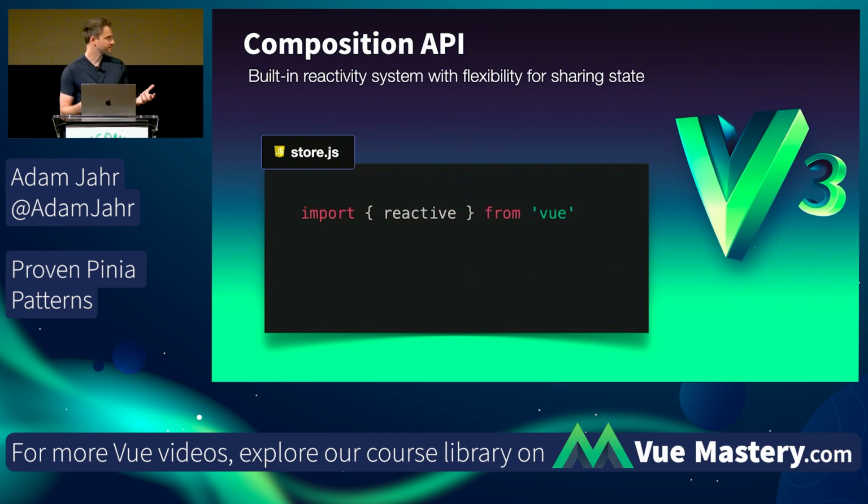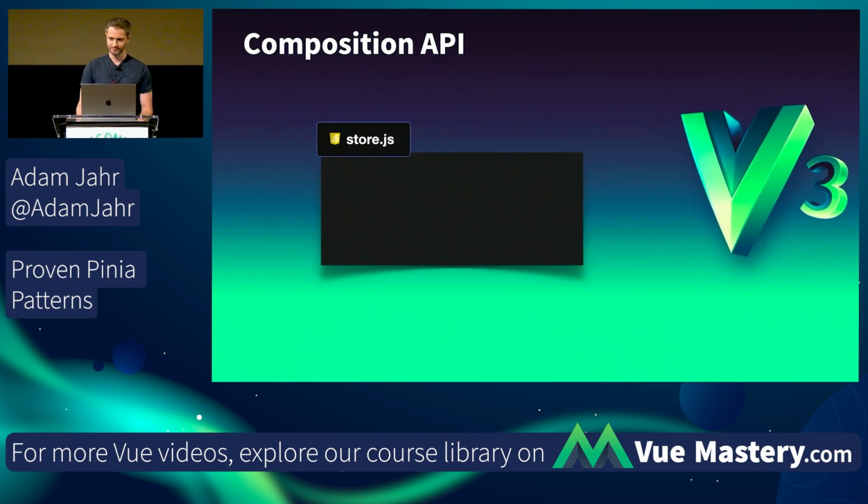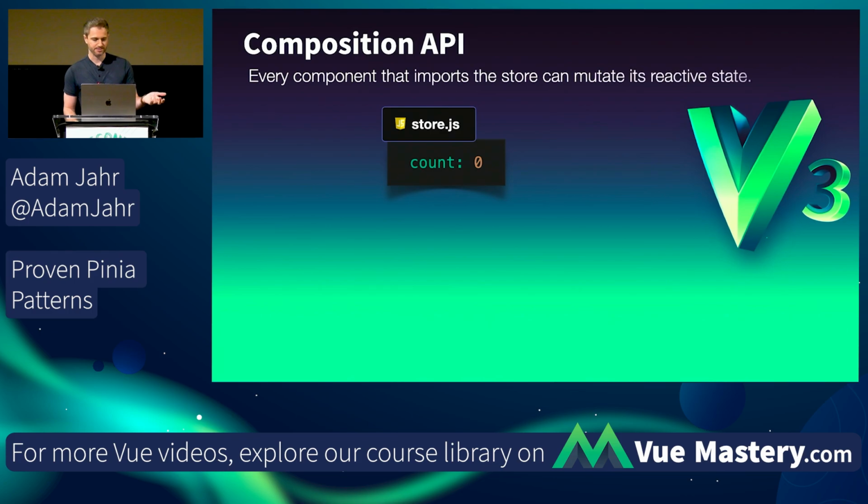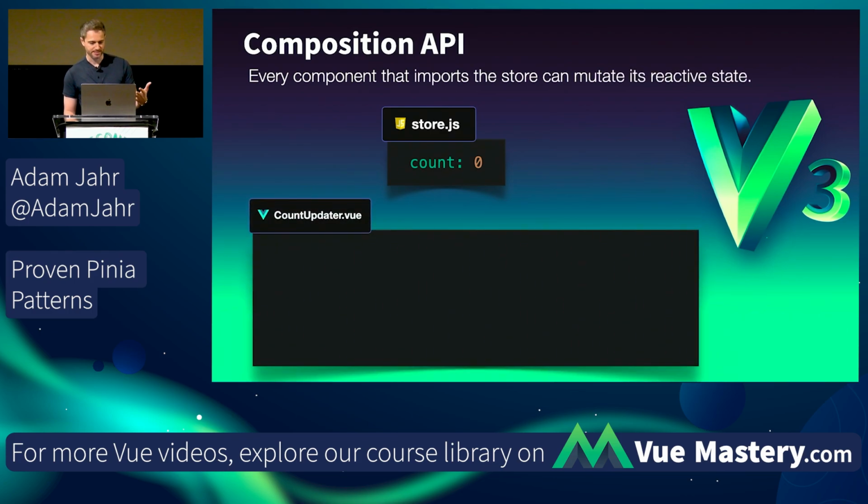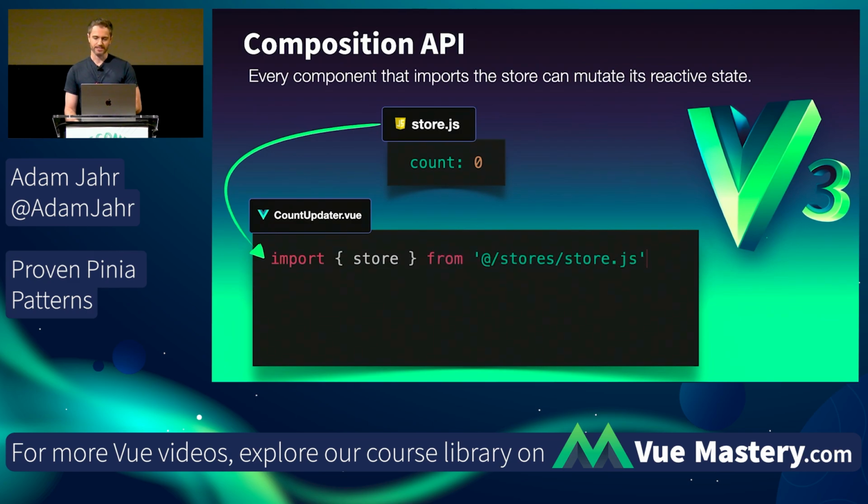You can import reactive and set up your own little store as such. Then we just import that store into whichever component needs the state. And because of how Vue's reactivity system works, any component that imports this store could then directly mutate its global state.